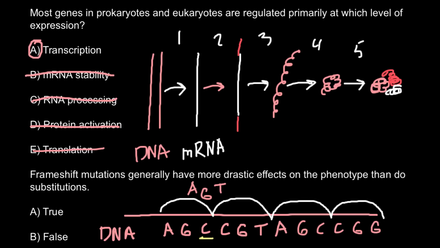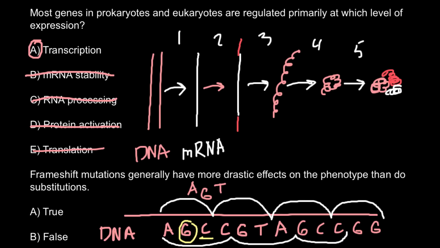But if we delete, for example, one of these bases here, we are going to get a frameshift. So the new trinucleotide would be this one, the second would be this one, and the third would be this one. As you see, this is a completely new sequence, and we not only change the sequence that codes for the first amino acid in the polypeptide, but also all the rest would be changed.